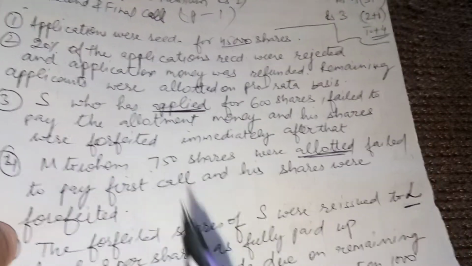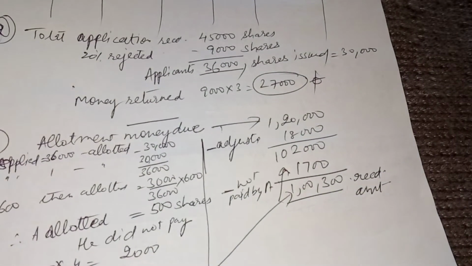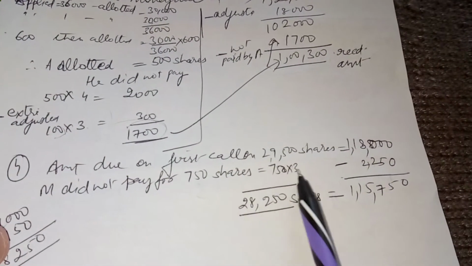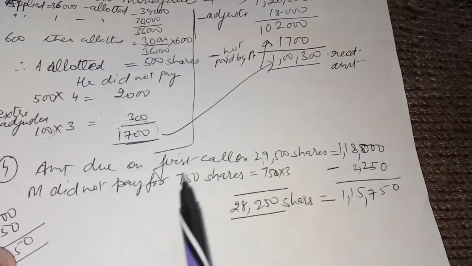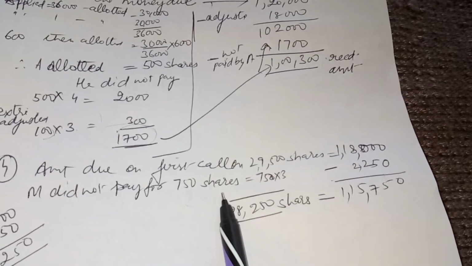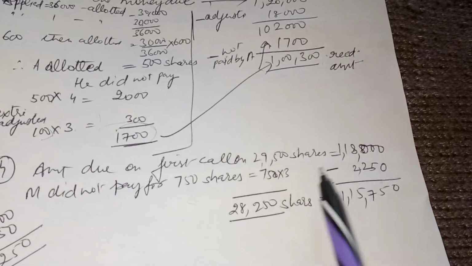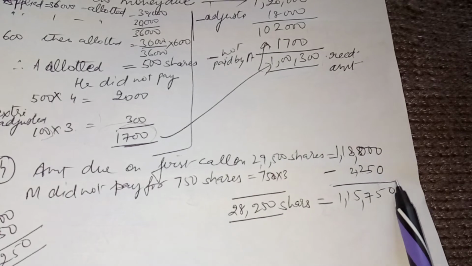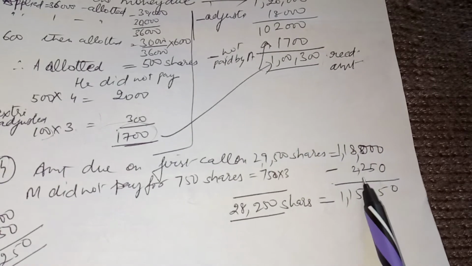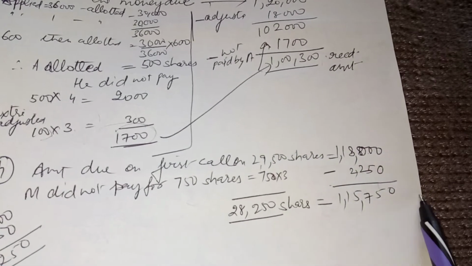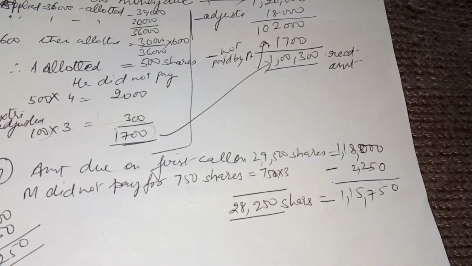So first call on 750 shares, as the amount due was 1,18,000. M did not pay for 750 shares, so 750 into 3, 2,250. So the total amount subtracted from 1,18,000 gives 1,15,750. So this entry will be here.